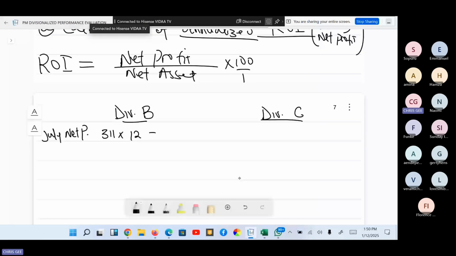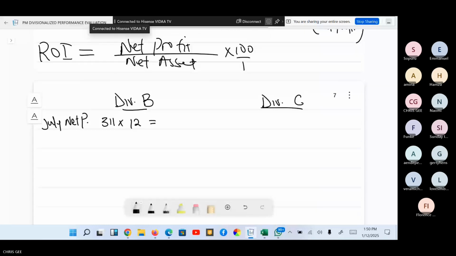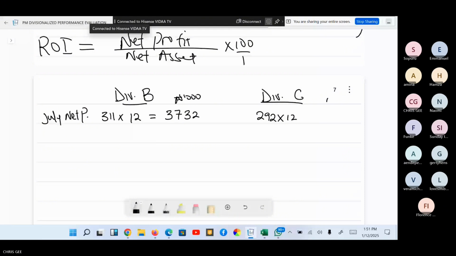What do we have? 3732 for Division B. What's your net profit for the other division? 292 multiplied by 12. That gives 3504.